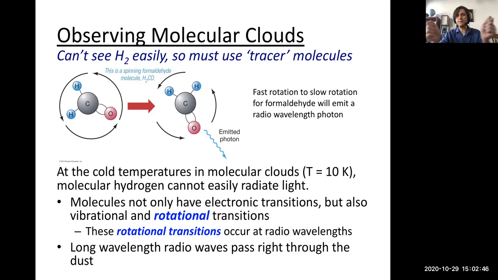And we could vibrate the molecular bond, play the molecule like an accordion or stretch it in weird sorts of ways. So molecules had additional spectral lines due to vibrations and rotations. And if you remember, those rotations happened at radio wavelengths. So rotating a molecule happened at radio wavelengths.